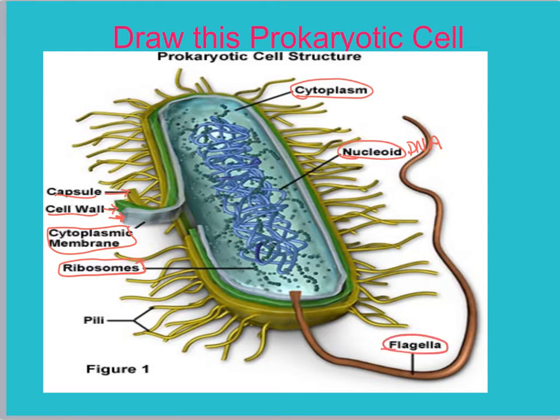A lot of them have flagella, which is this tail-like structure. Some of them might have cilia or other things to help them move, but usually flagella and cilia are the two common ways that bacteria would move. And then sometimes they have something called pili. We're going to talk a little bit more about pili, but these pili basically help the bacteria stick to surfaces.